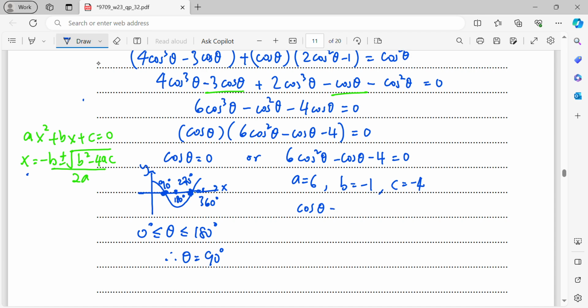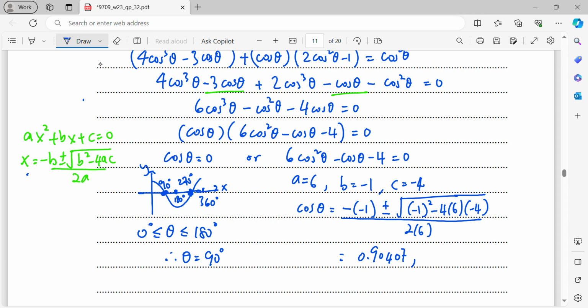That means cos theta is minus b plus minus square root of b squared minus 4ac over 2a. Okay, then from here you will get 0.90407. I give more decimal places because this is the working, and another one is negative 0.73740.